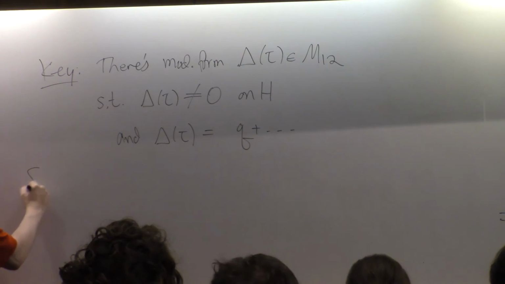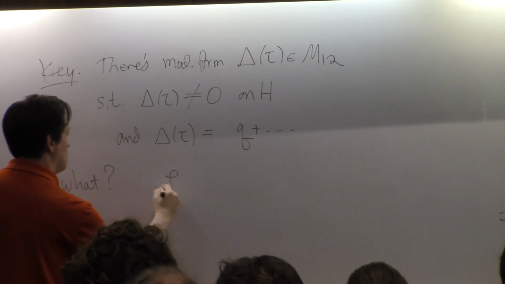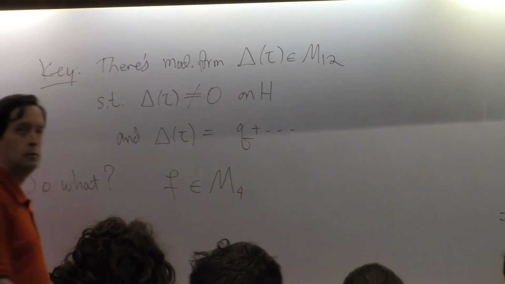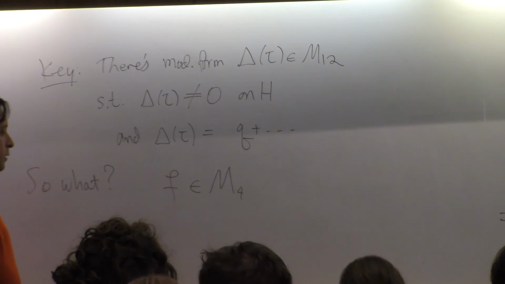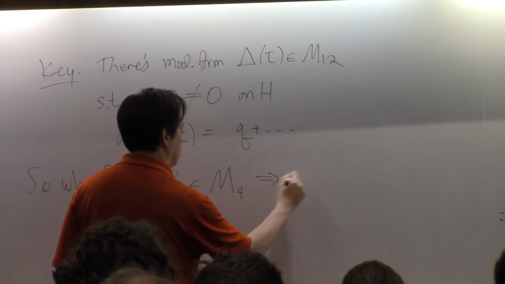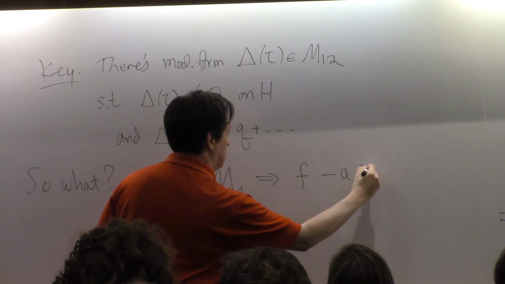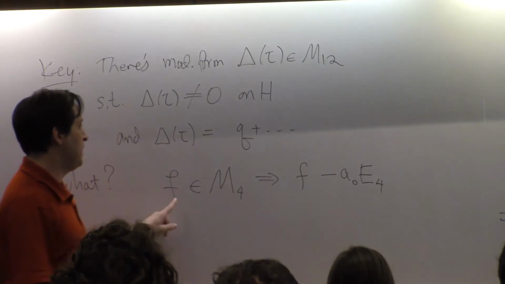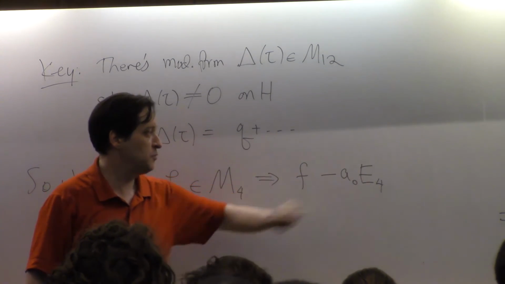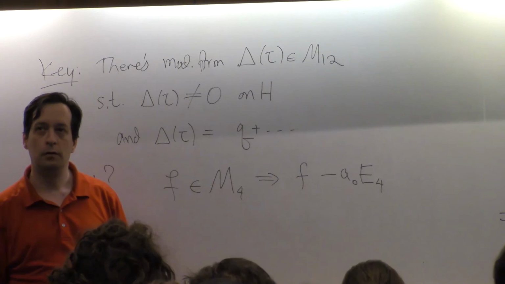So who cares? So what? Well, watch this. Suppose you gave me a modular form of weight 4. Well, then it has a constant term. Call it a0. If you take your modular form of weight 4 and subtract its constant term times the normalized Eisenstein series of weight 4, this is a modular form of weight 4.